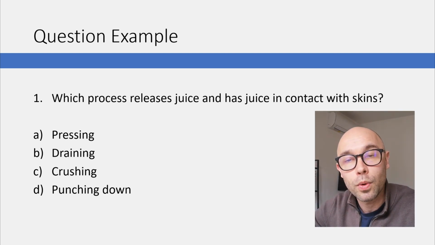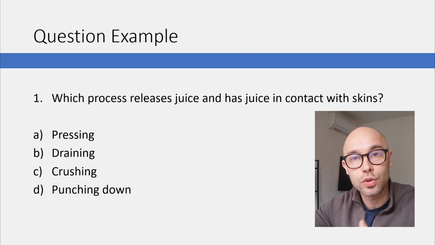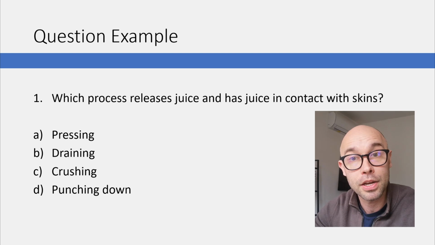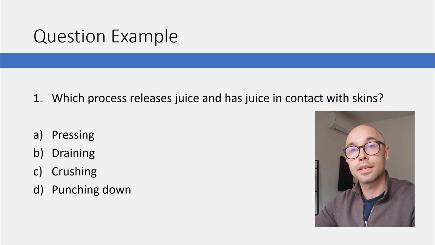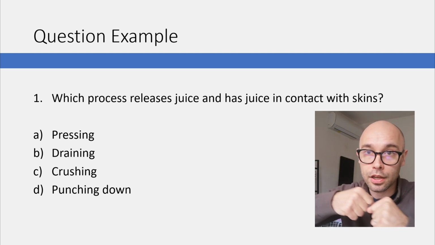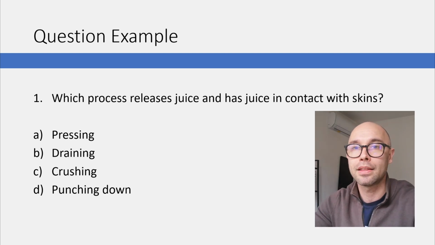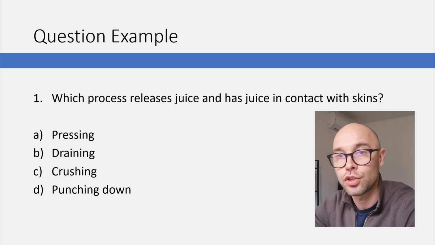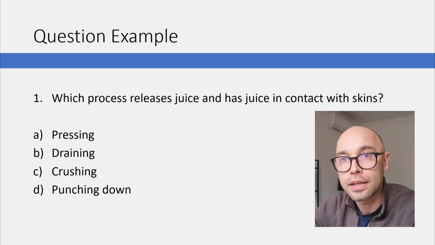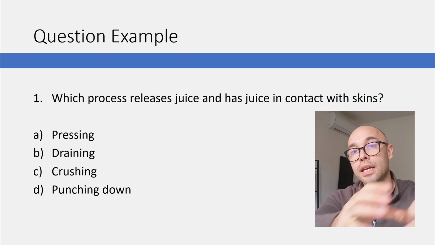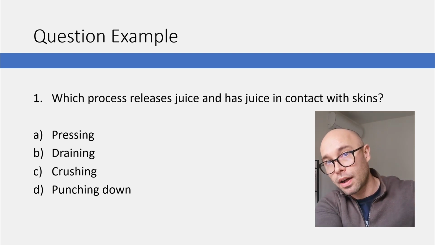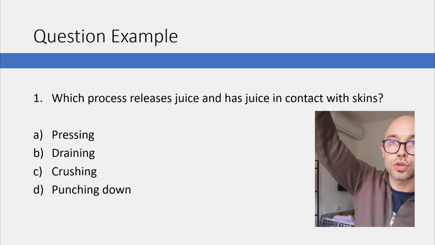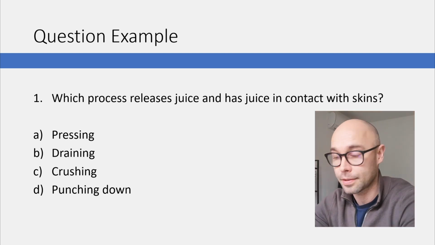So the two main ways to have skins and juice in contact with each other in order to extract color and tannin is punching down. You have tools that you push inside, to push the skins into the juice. And the second one is pumping over, where you have a hose connected to a valve on the tank, and you spray the juice on top of the skins.